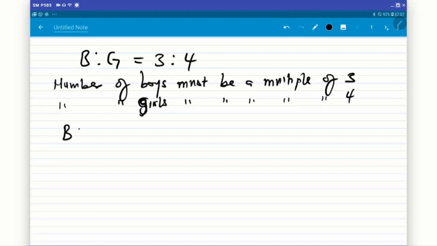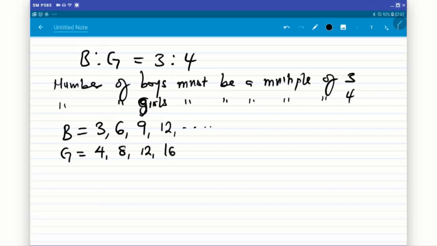Hence, boys could be 3, 6, 9, 12, and so on. Multiples of 3, that's numbers 3 can divide evenly. While the girls could be 4, 8, 12, 16, and so on. That's multiples of 4.